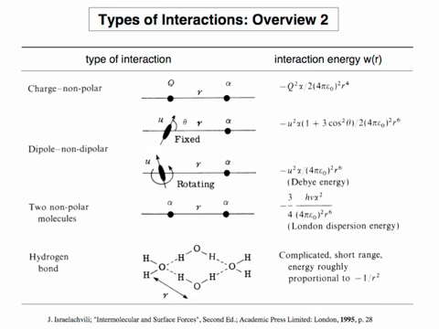So here's a few other ones. You have a charged and a non-polar species, 1 over r to the power 4. Then you have a fixed dipole with a non-dipolar component, which scales with 1 over r to the power 6, but a fixed molecule means it can't rotate.